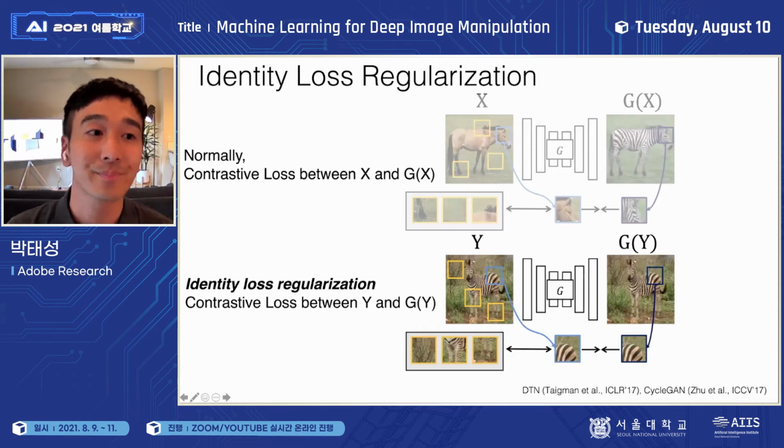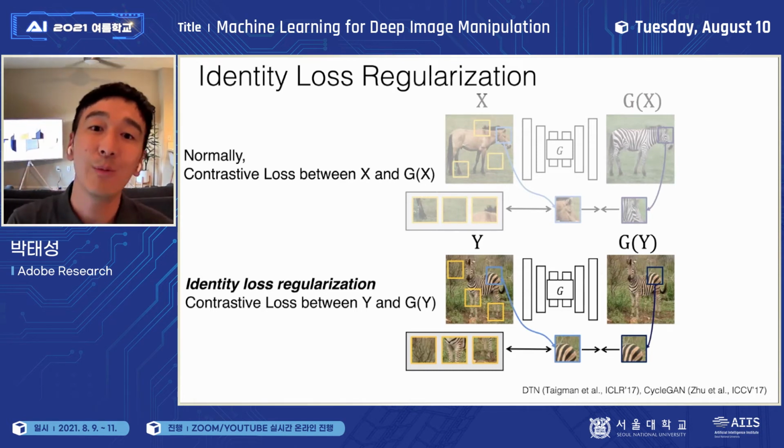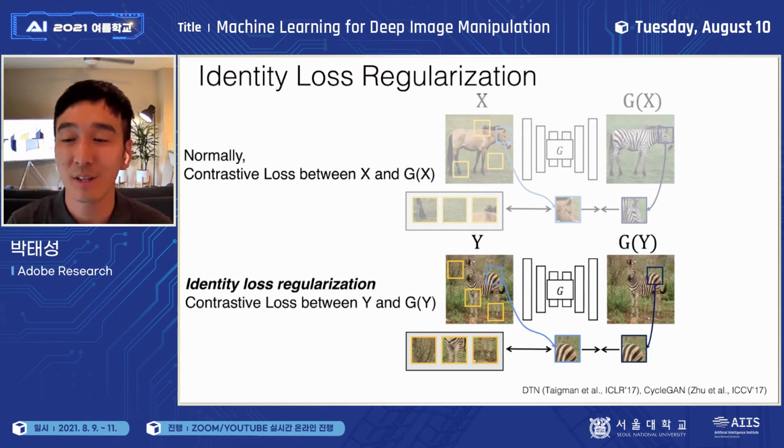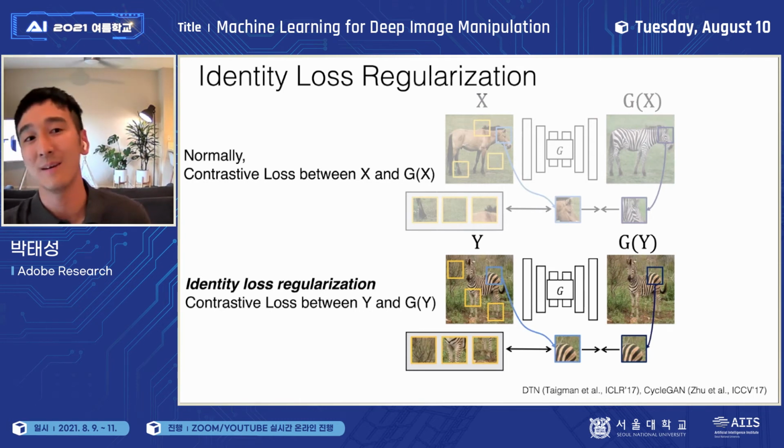Normally, we compute the contrastive loss between the input horse image and the output zebra image. But on top of that, we can provide a zebra image from the target domain as additional input to the generator network. And we still enforce the contrastive loss to prevent unnecessary changes to the input images.